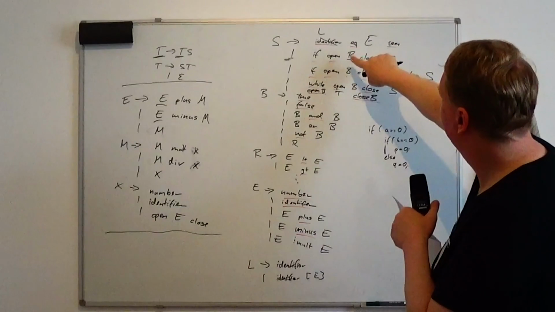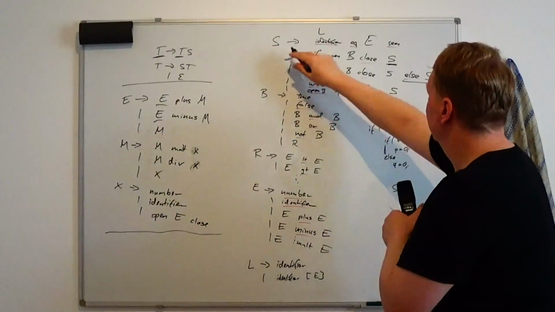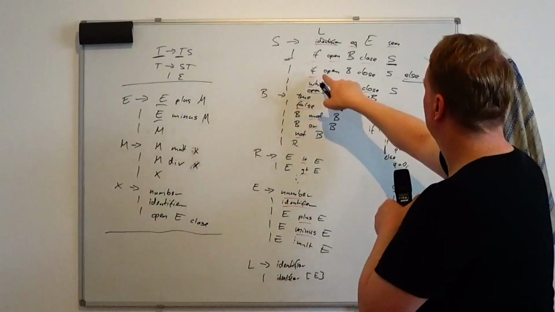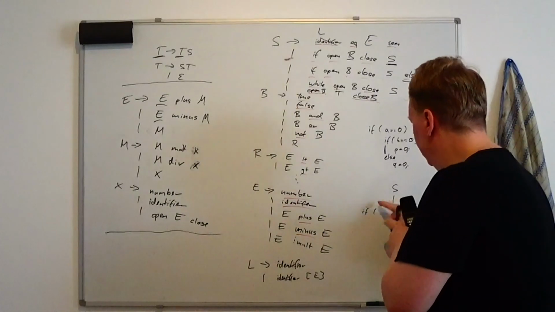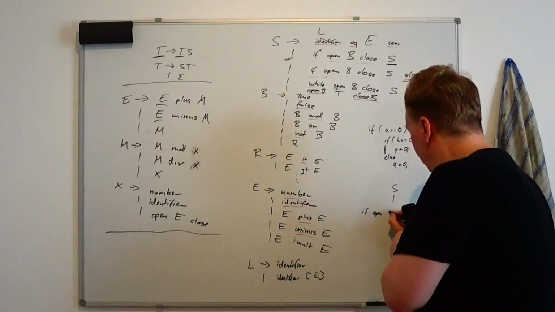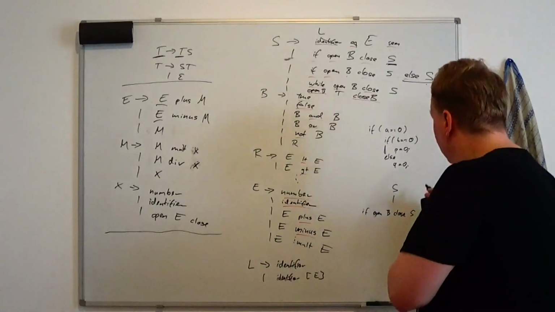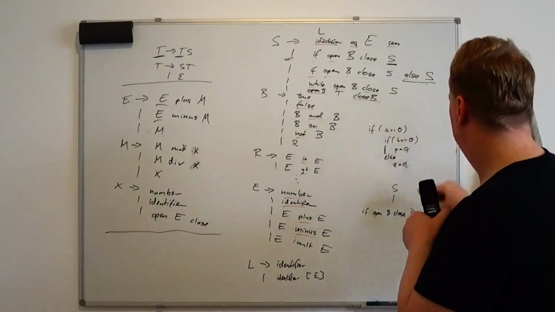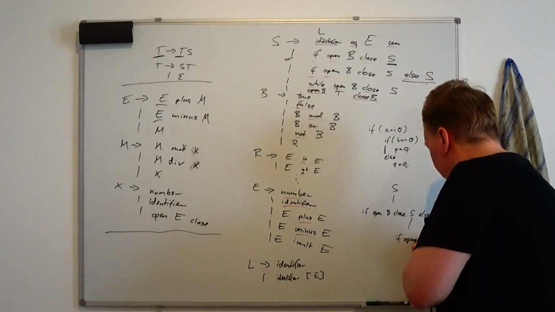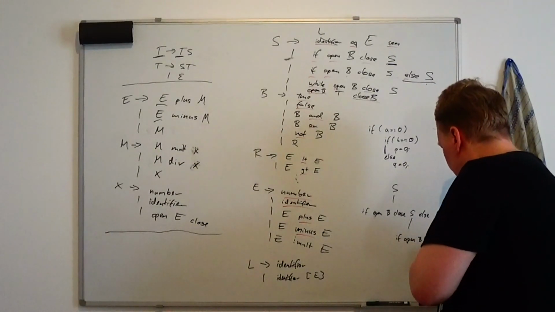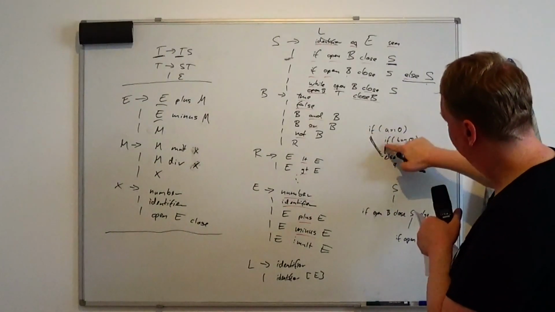But if your production rules are like this, it would be completely legal to go from this S directly to the if open B close S else S. And then go from this S to if open B close S. So that would effectively associate this else with the wrong if.